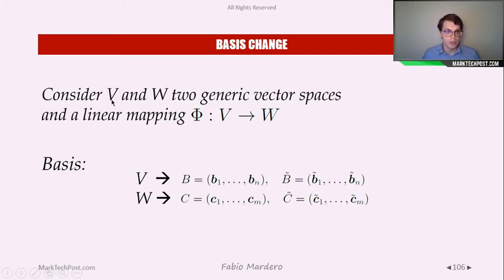So we consider again two generic vector spaces, V and W, and a linear mapping that maps V to W. Before we defined two bases, one for V and one for W, that we called B and C. Now, somehow, we can say that we have found another basis, B tilde and C tilde, respectively on V and W. Okay, it's legit.